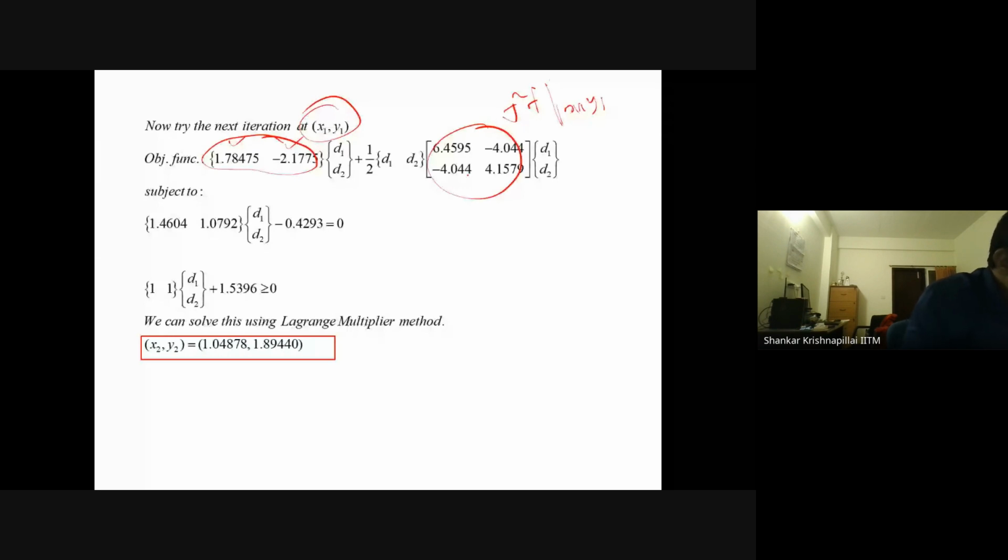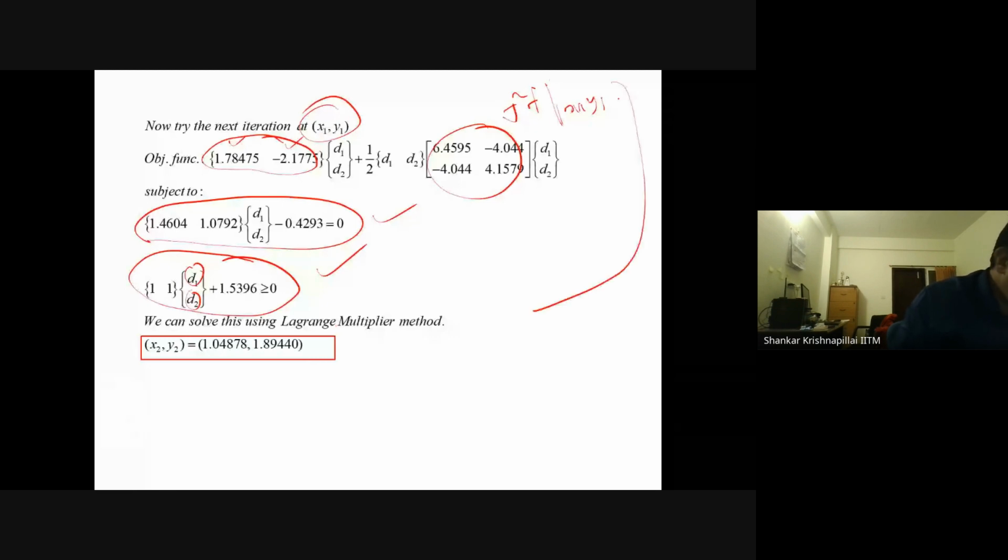If you simplify this, then you have to linearize the first constraint and you will get it like this. The second constraint has to be rewritten in the form of d1, d2. If you solve this problem, you will get the answer that x2, y2 is 1.04 and 1.89.